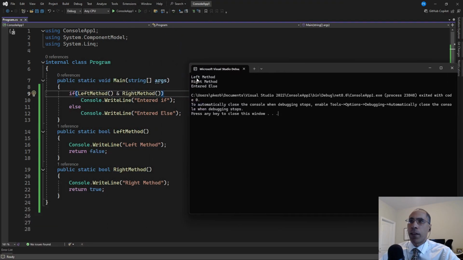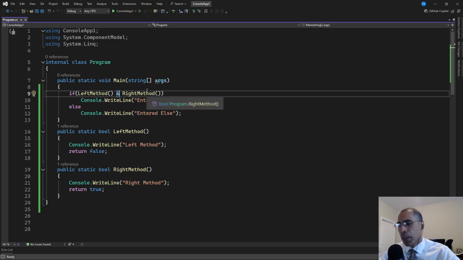We evaluate the left, we evaluate the right, and then we make a decision on the statement. It's false, it goes to the else area. But now a conditional AND only needs to evaluate the left-hand side, and if it has enough information, it won't even evaluate the right-hand side.